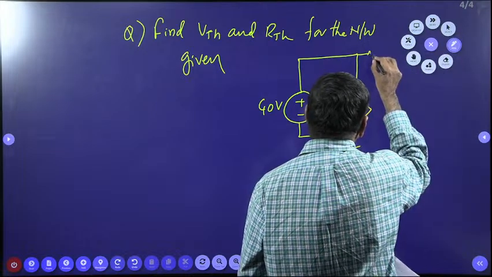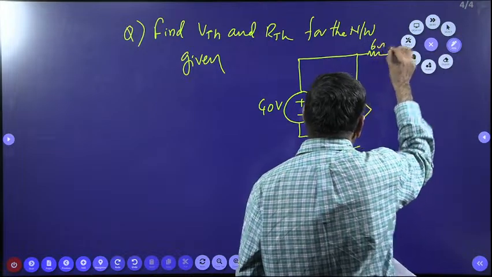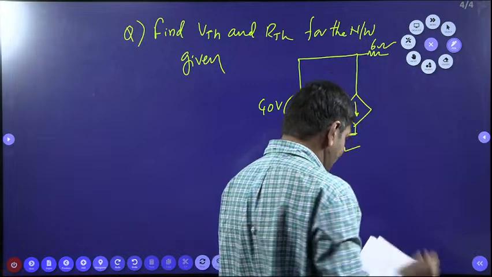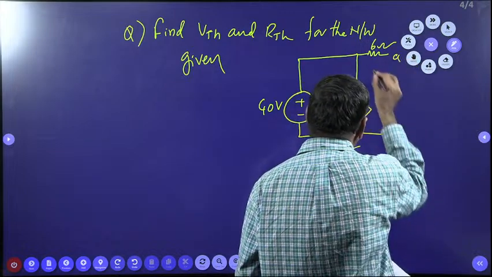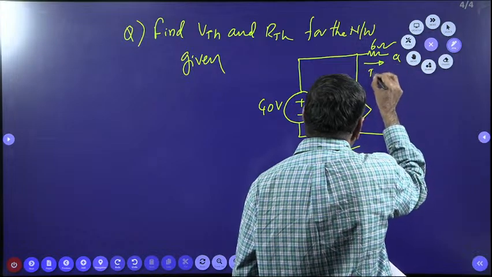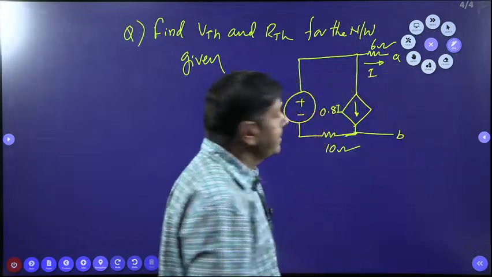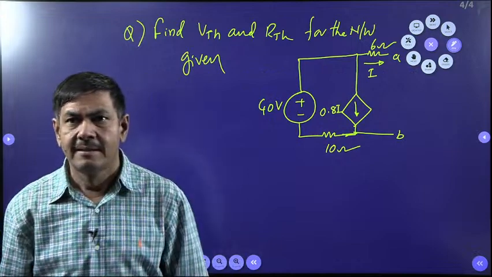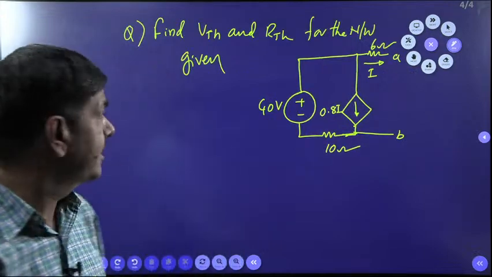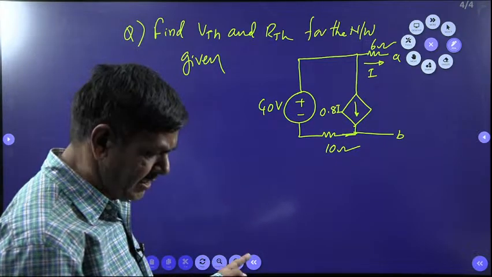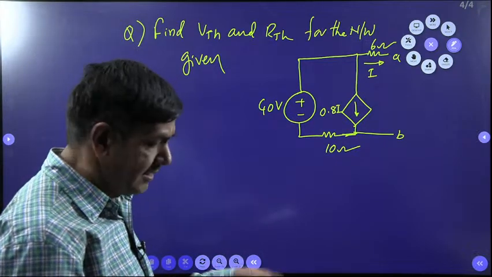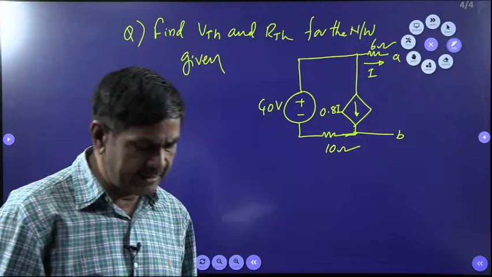There is a 6 ohm resistor this side, and this is AB. This point is A, this point is B, this current is given I. Yes, such a way the network was given. Can you get the answer for this question? I'll check the values once again. 40 volts and 10 ohms and 0.8 I and 6 ohms and current I is required.